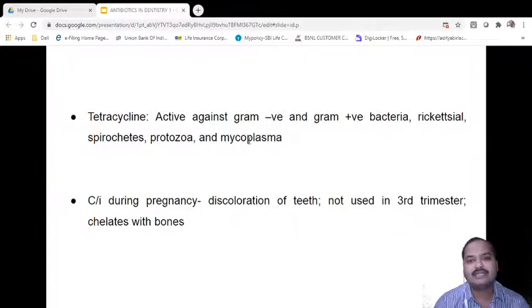Tetracyclines are active against gram-negative and gram-positive bacteria, Rickettsia, spirochetes, protozoa, and mycoplasma. So tetracyclines are broad spectrum antibiotics, as we say. They work on a variety of microorganisms.